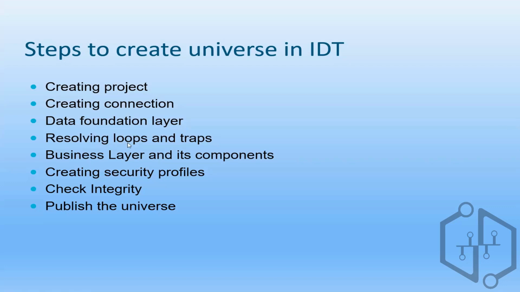Once the data foundation is correct, we will go to the business layer and we will create its classes and objects like state, region, time dimension like calendar, month, year.